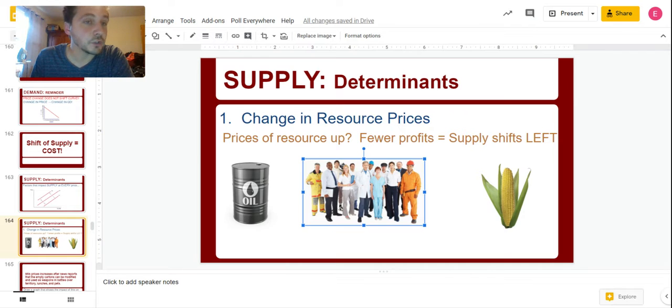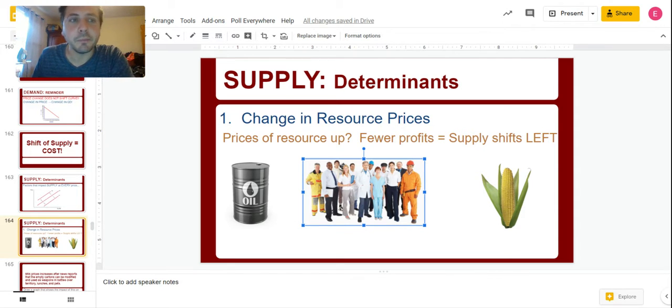And some businesses are just going to opt out. And vice versa. If we decide to hire all people that have no experience and fire everybody else, and the labor costs go way, way down, then we're going to supply more. Supply is going to shift to the right because businesses are able to make more profit as a result. That's the change in resource price.